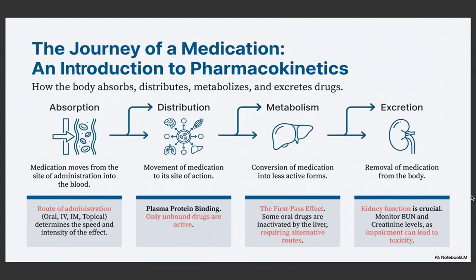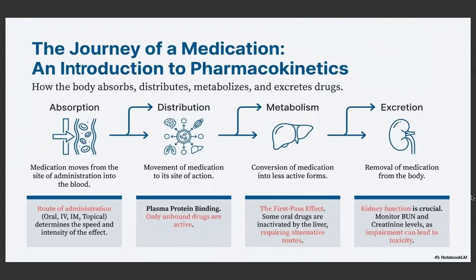So another thing to keep in mind is whether or not a medication is lipid soluble or water soluble. Those are the types of things that you're going to see, and it gives an input into how it can be transported and distributed.